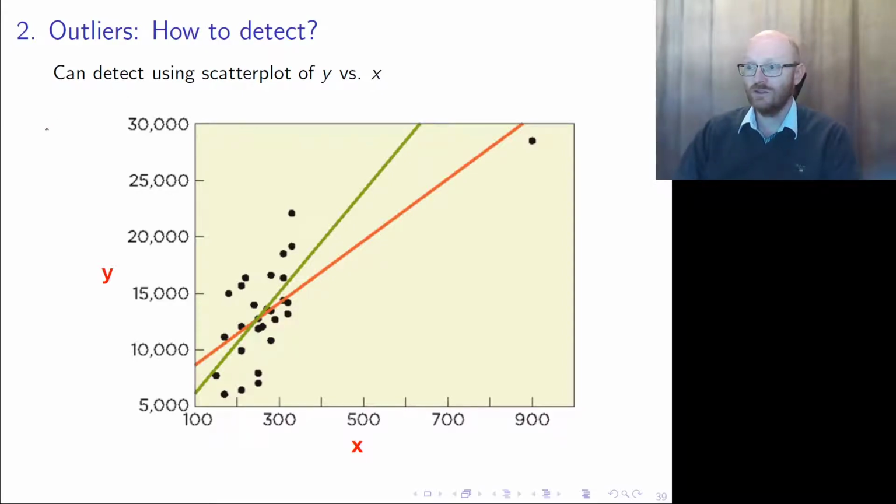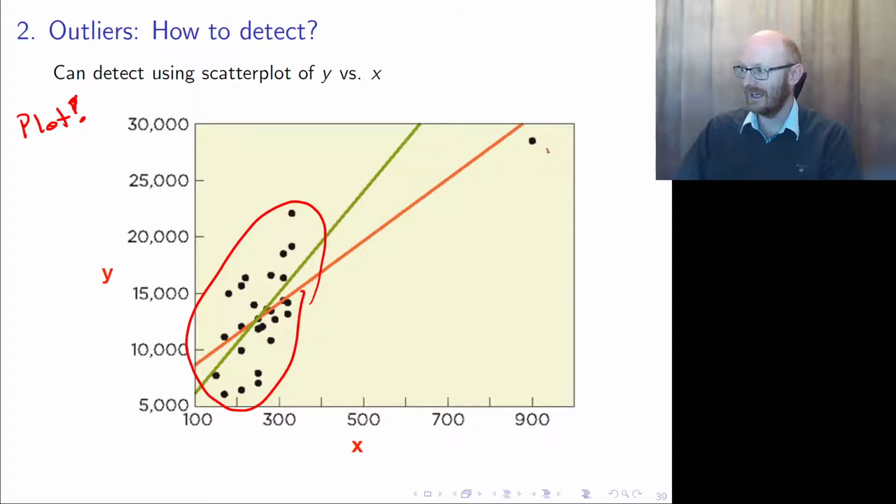And outliers, how to detect them? Well, you of course plot. You plot the y versus the x, and then you can see whether there's a group and there's an outlier.